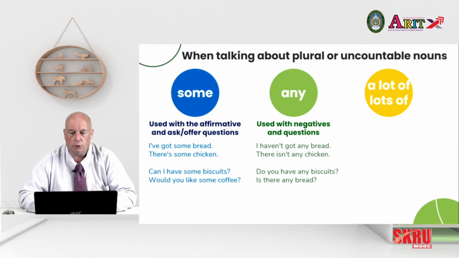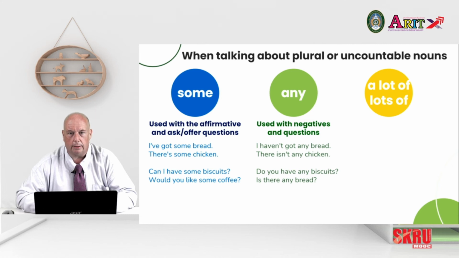Any, we tend to use with negatives and questions. I haven't got any bread. There isn't any chicken. So we tend not to say there isn't some chicken. And the questions, do you have any biscuits?